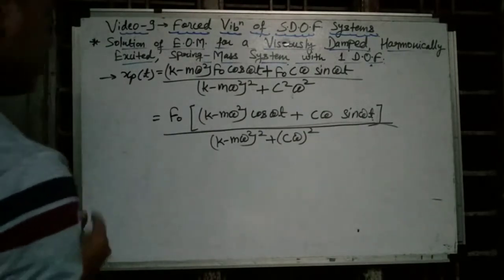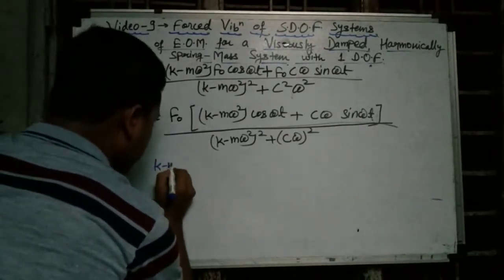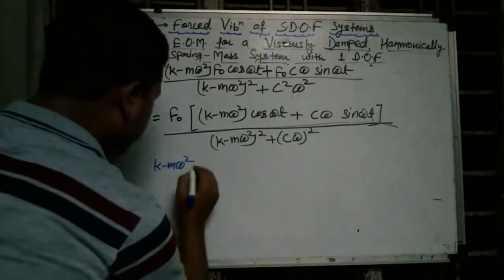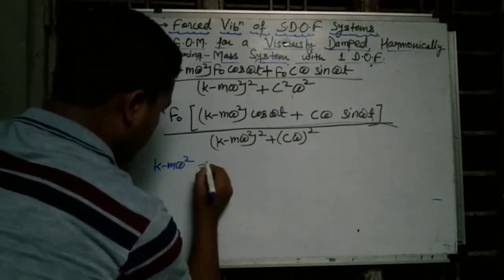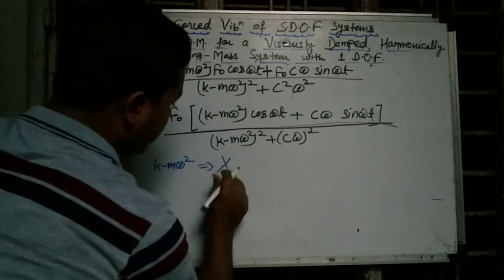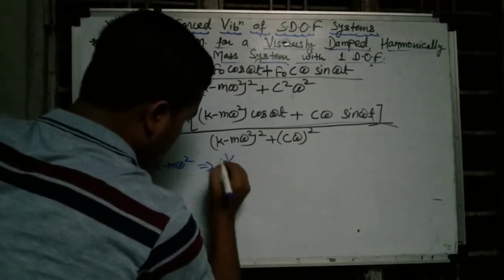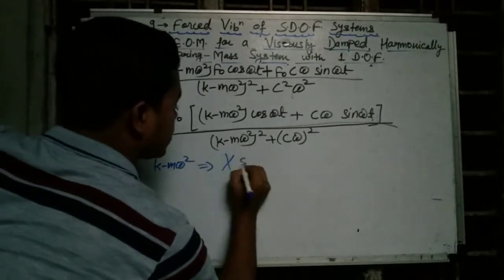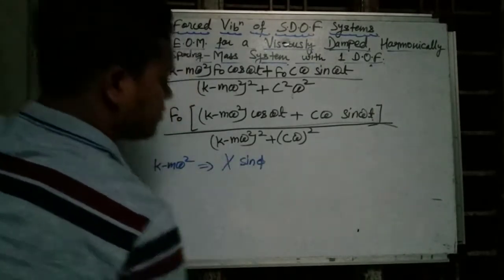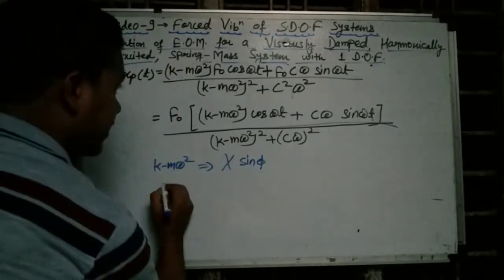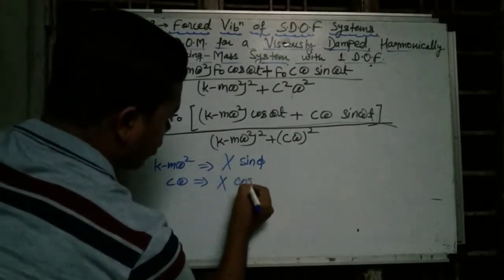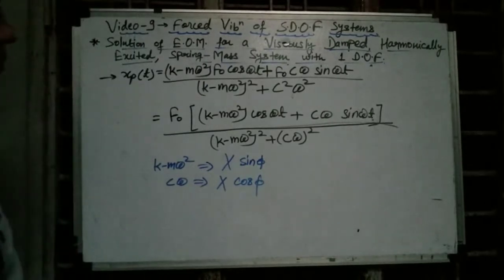Now what I am going to do, I will take k minus m omega square to be equal to some capital X sin phi, and c omega as some X cos phi.